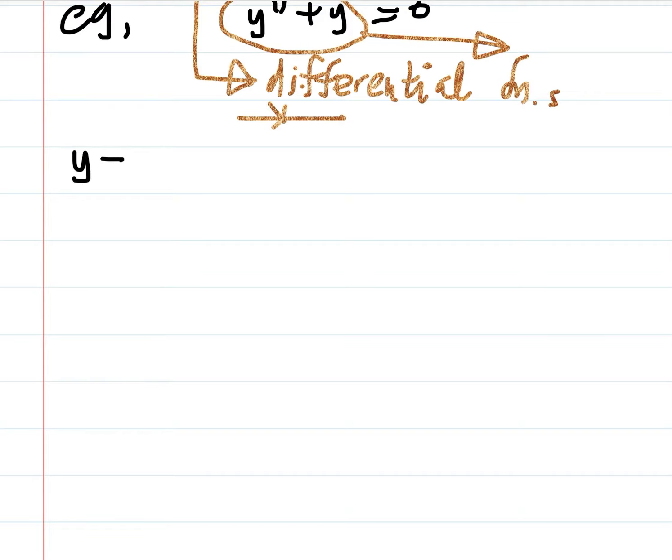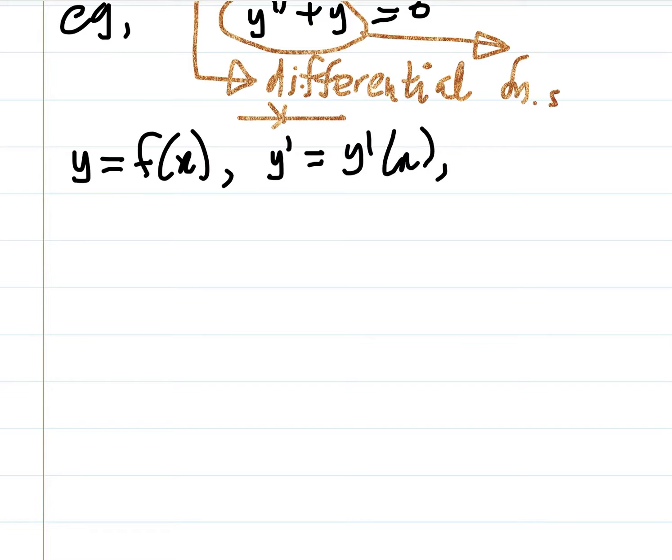You've got y is some function of x. And if y is a function of x, then you know very clearly that all derivatives of y are some functions of x also. So y dash could be a function of x, and y double dash is a function of x, etc., etc. So the function y and all its derivatives are functions of the original variable x.